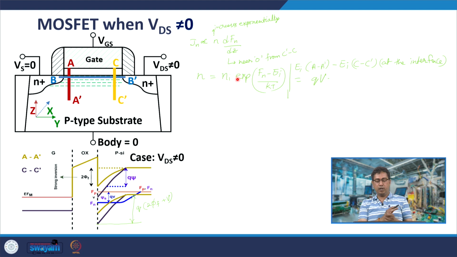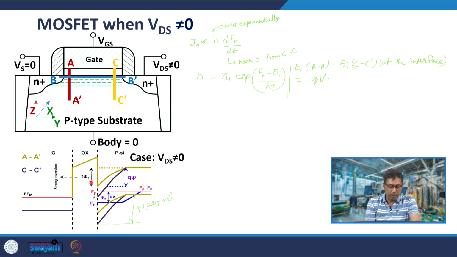Therefore, virtually Ei minus Fn would almost not change when you move from B to B prime, that is, from the interface along A prime to the interface along C prime. There is a negligible difference in Fn minus Ei, very small.